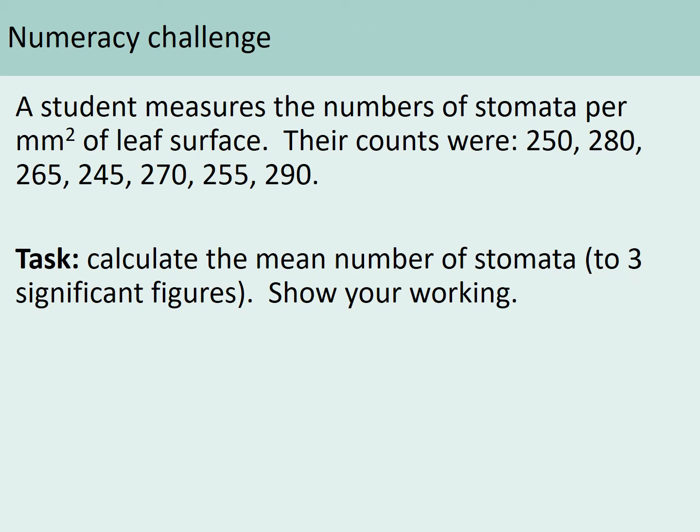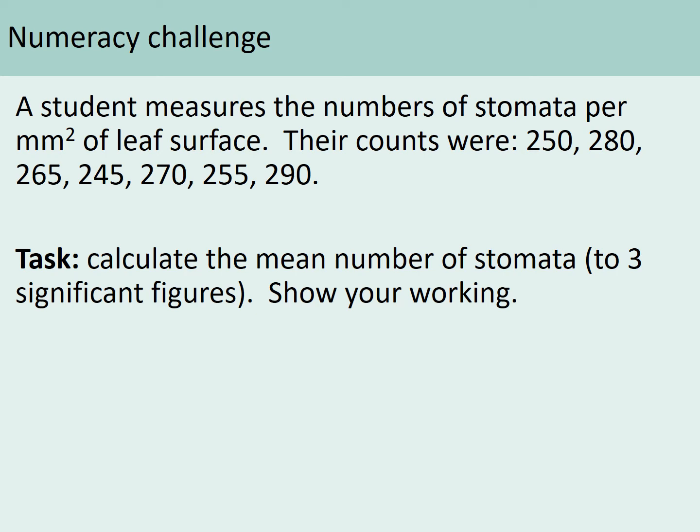Okay, now because those stomata are open, it also lets water out, and we're going to be looking at that in a minute. First of all though, we need to be able to calculate the mean number of stomata on a leaf.